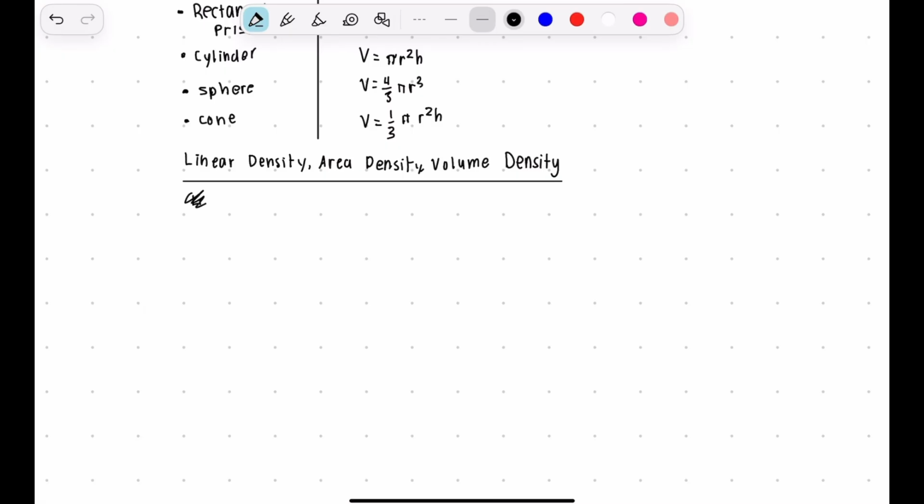Linear density would have this symbol, and the formula is equal to m over L measured in kilograms over meter.